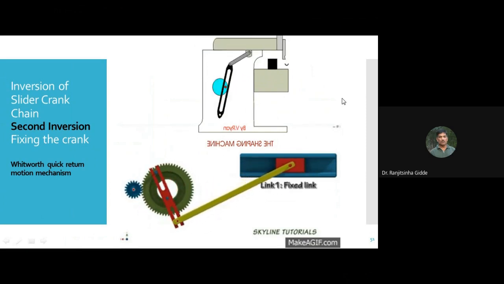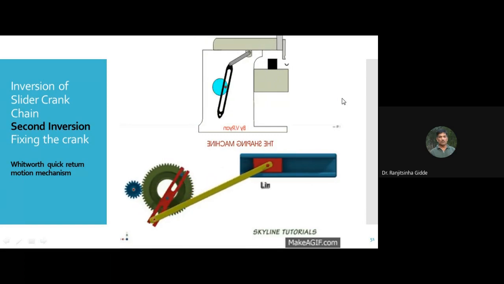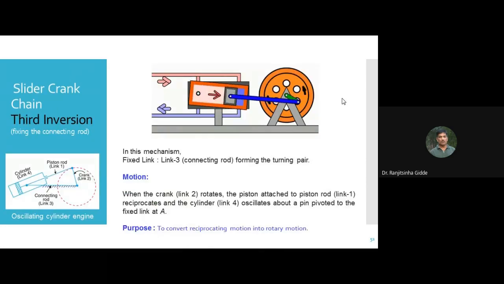While returning it takes less time. Did you understand? Yes. Okay, then we can proceed to the next inversion of slider crank.